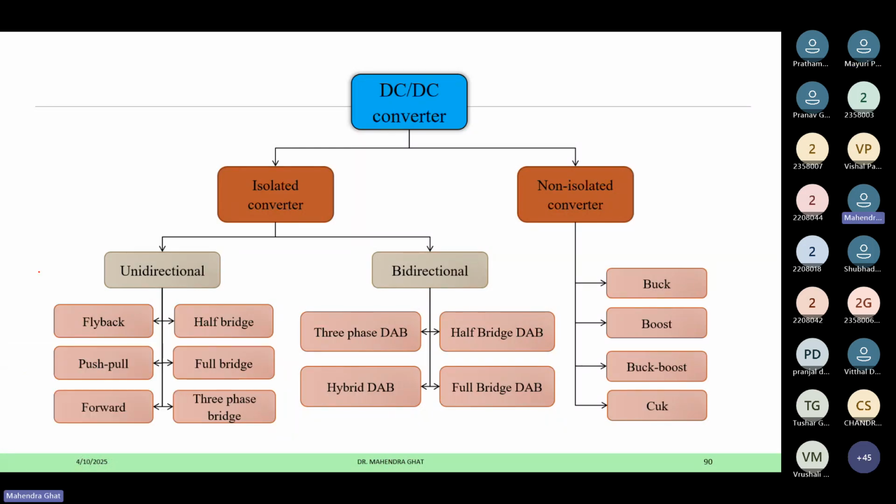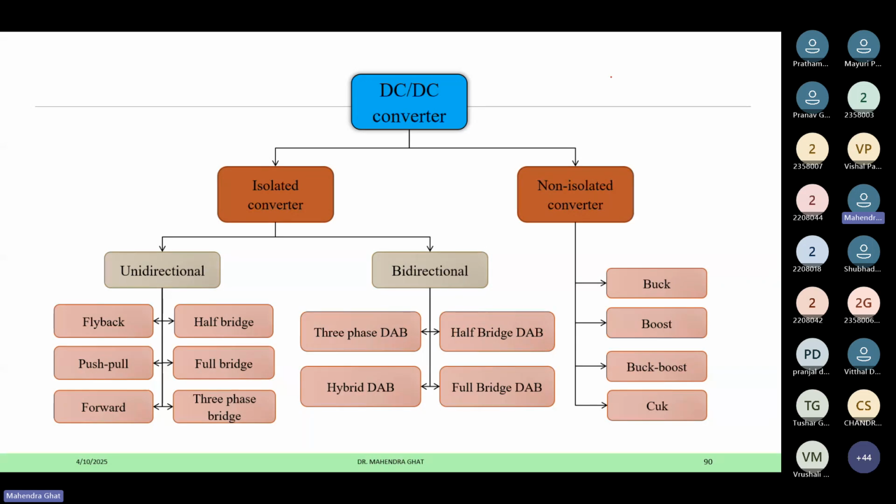Okay. So we just went through some of the DC-DC converter topologies, but actually there exist plenty of DC-DC converter topologies. They are majorly classified into two parts: the isolated converter and the non-isolated converter.